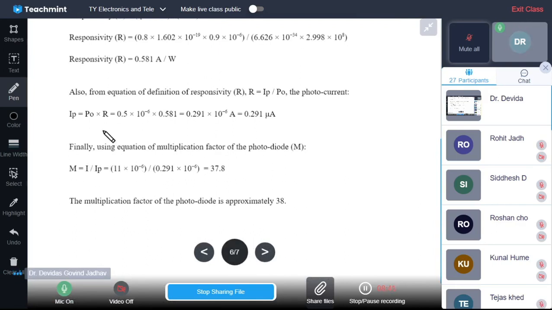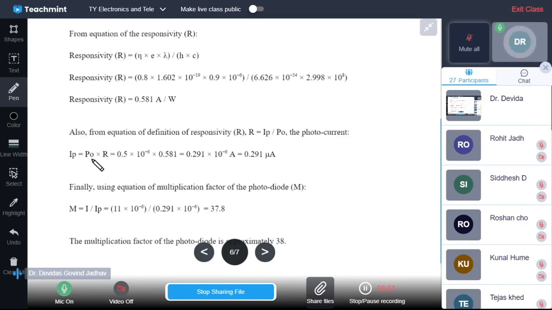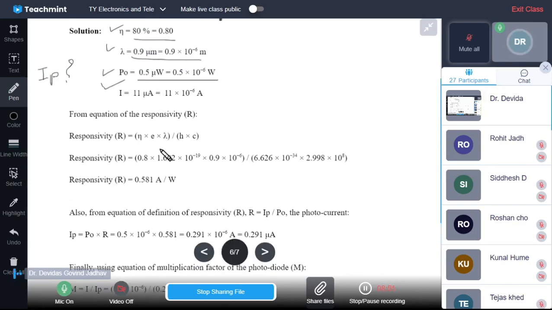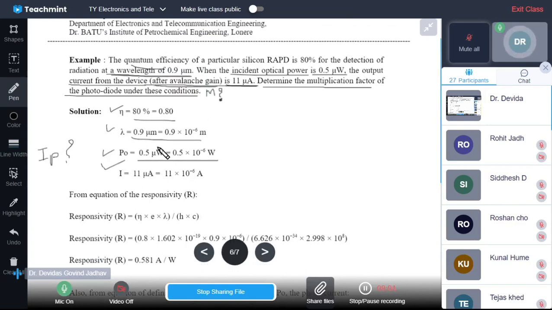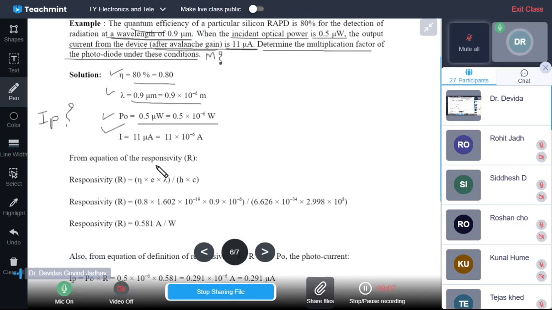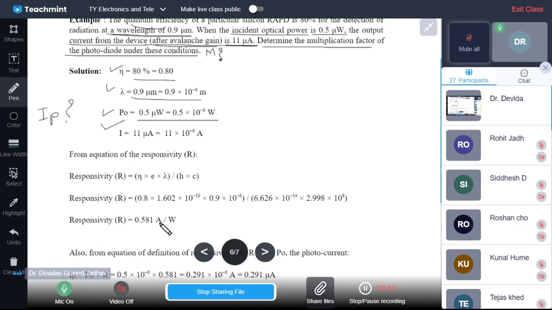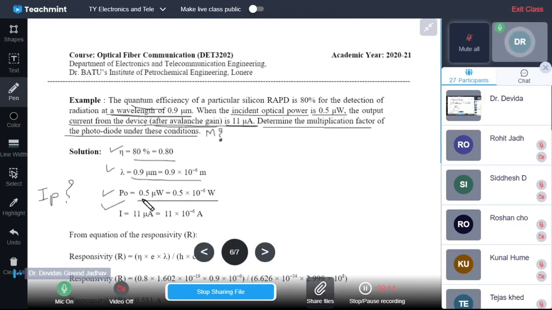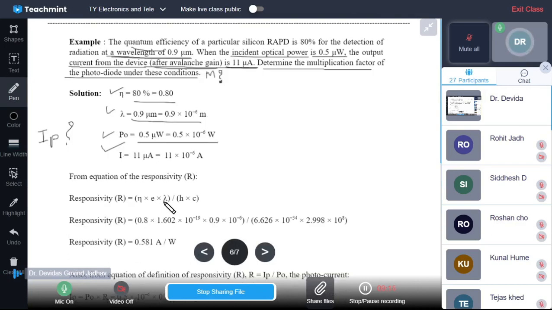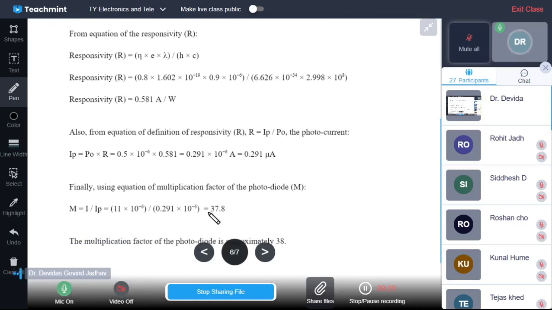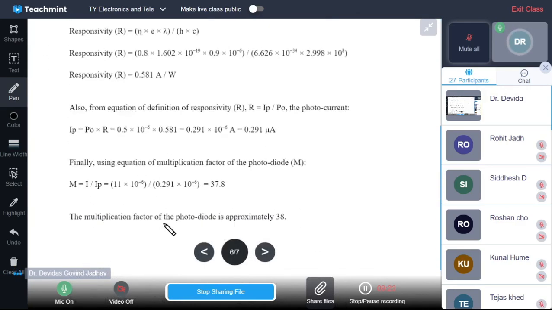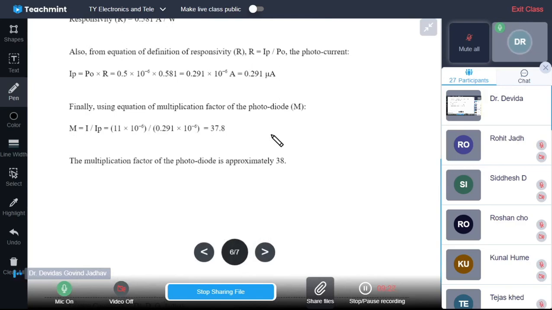IP can be calculated from the responsivity equation, because IP upon PO is R. PO is given, R is not known, so calculate R. We will have a strategy to solve the problem: first calculate R, then using R and PO calculate IP, and using IP and the given I, calculate M. So this is our strategy for solving the problem.